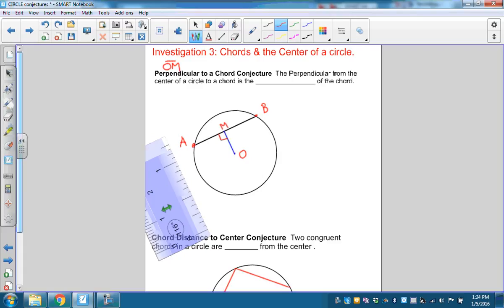OM is perpendicular to AB. And when that's true, how is it related to the chord?